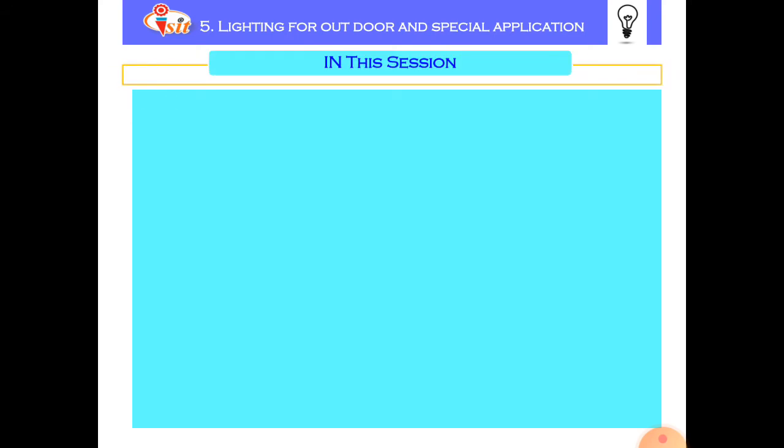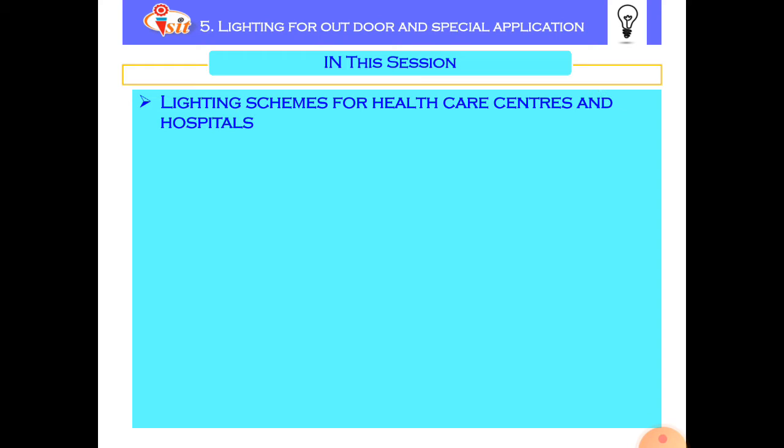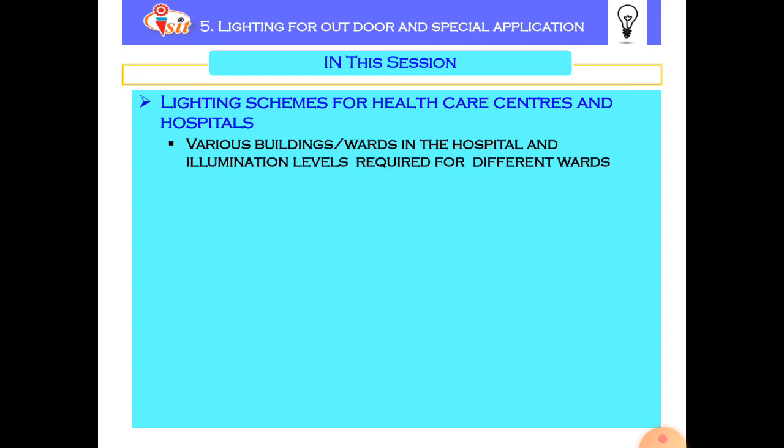Now in this session we are going to see the lighting scheme for healthcare centers and hospitals. In that we will see about the various buildings or wards in the hospital and illumination levels required for different wards.